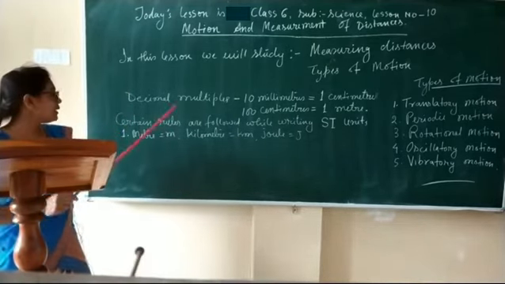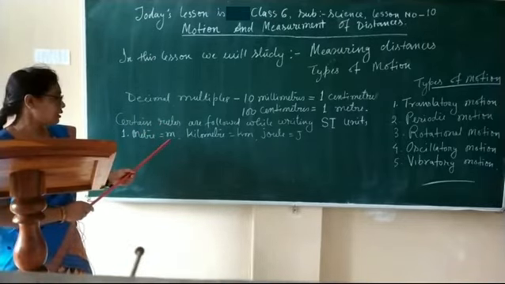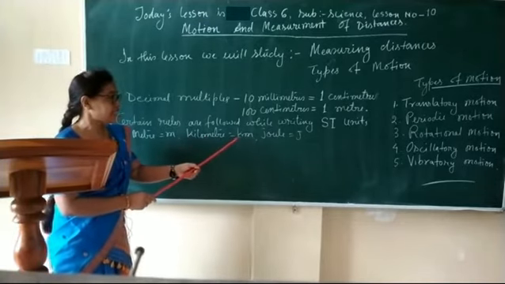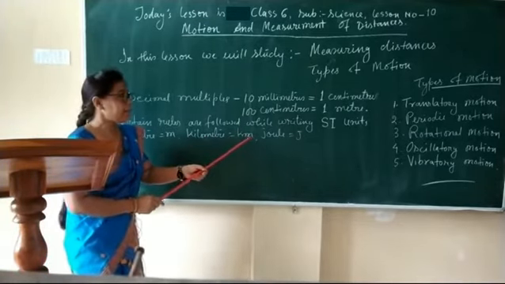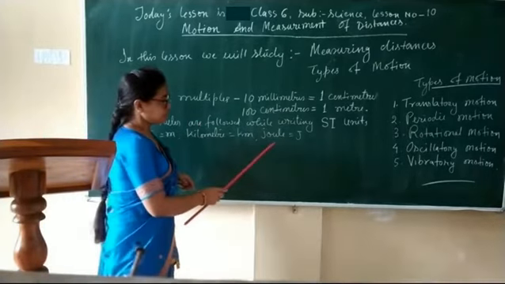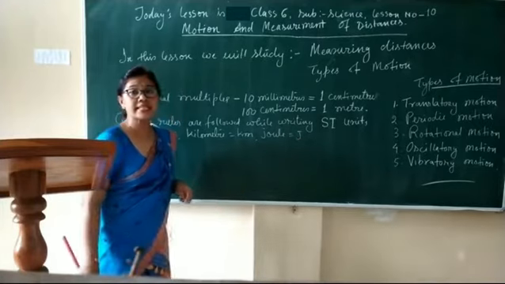For example, meter is written as small letter m. Kilometer is written as km, small letters. But if the unit is named after a scientist, then the symbol is written as a capital letter.